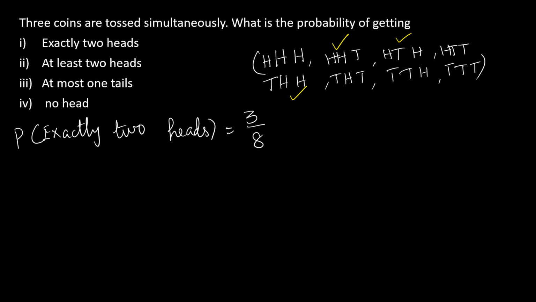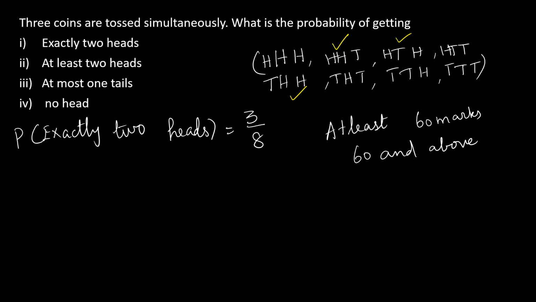Now at least 2 heads. This at least and at most you should understand very clearly. At least means, see, you are going for an exam and your parents are telling you that at least you get 60 marks. That means your parents will be happy if you get 60 and above. If you get below 60, they will not be happy.